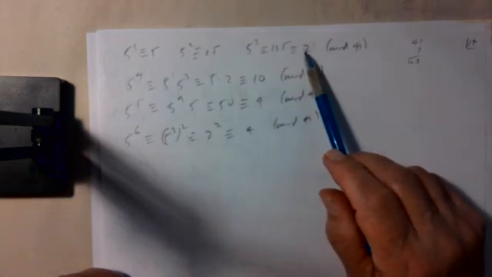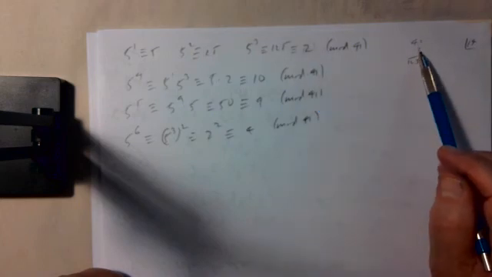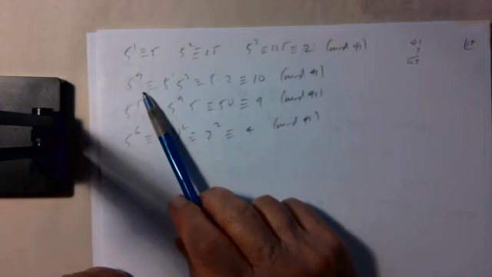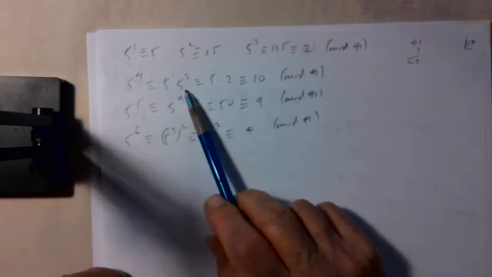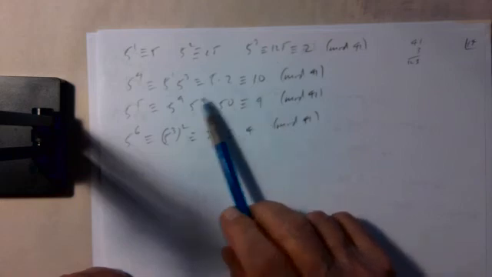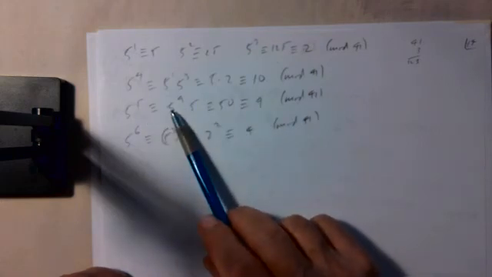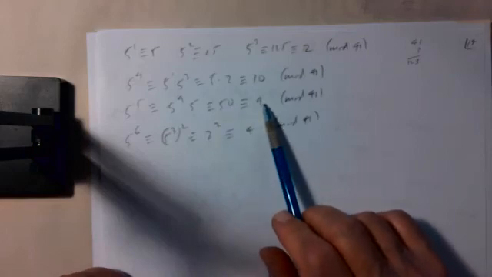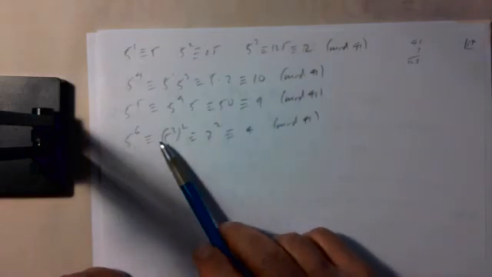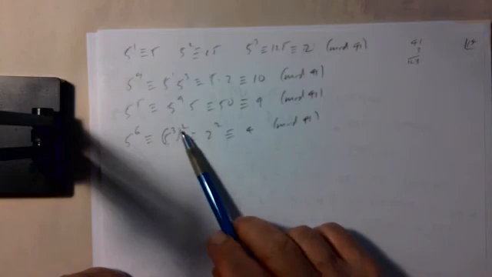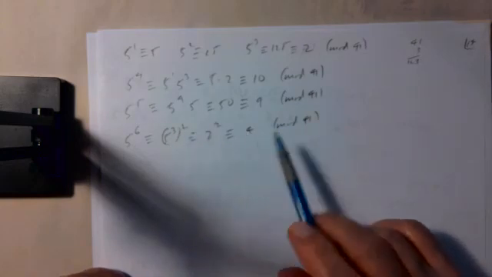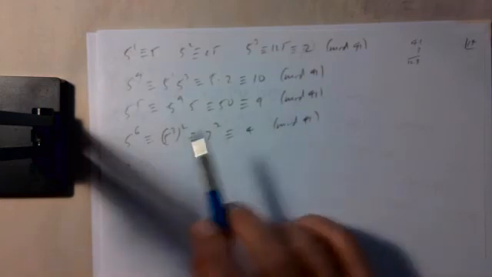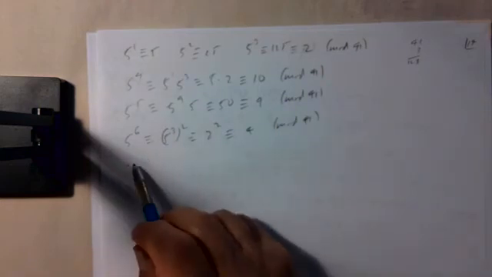Subtract 2, that's 123, which is 41 times 3. 5 to the 4th is 5 times 5 cubed, is 10. 5 to the 5th is 5 to the 4th times 5 is 50, which is 9. 5 to the 6th is 5 cubed squared, which is 4. So, okay.